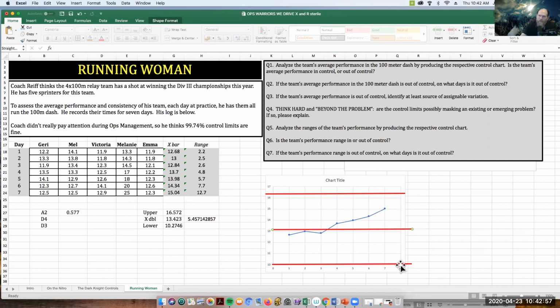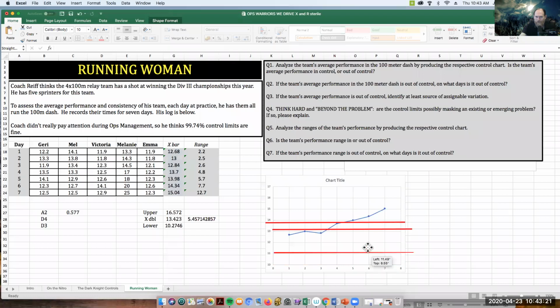Because at the pros, and many of you are athletes, and even those who aren't currently athletes, I think you all are smart enough to get this, at the pros, the difference between winning and losing is probably a hair of difference. So in this kind of thing, coach probably would want to set control limits much tighter.